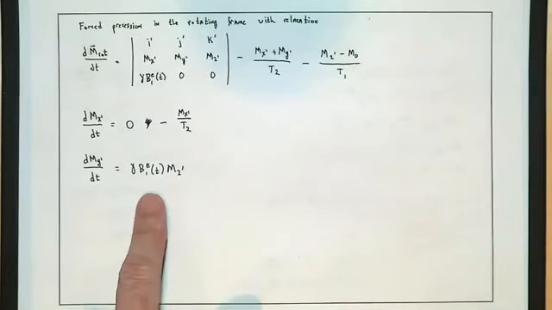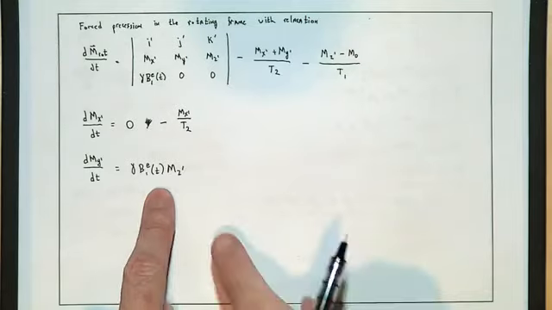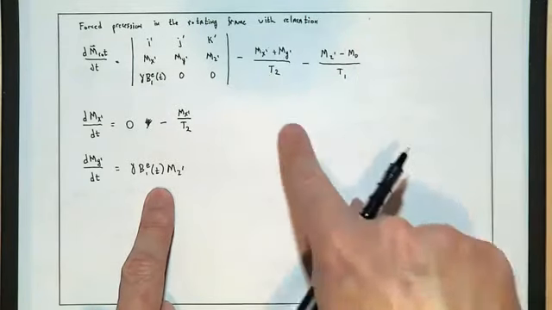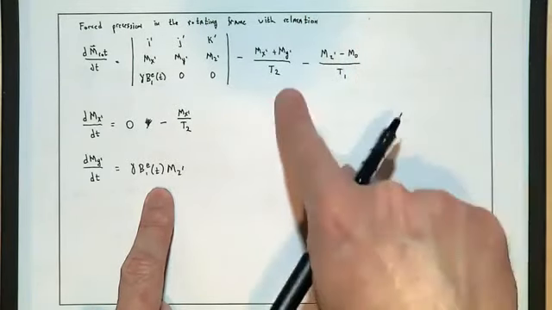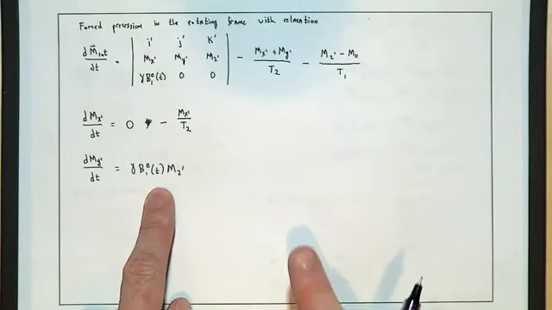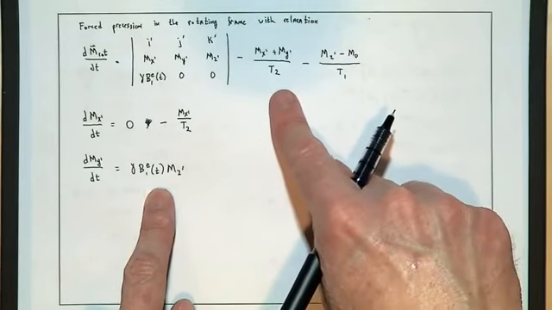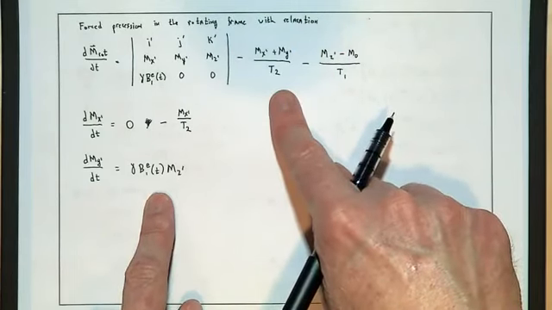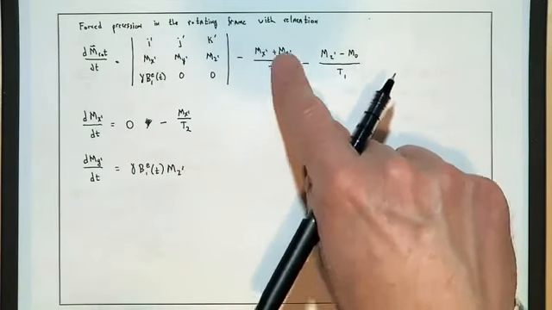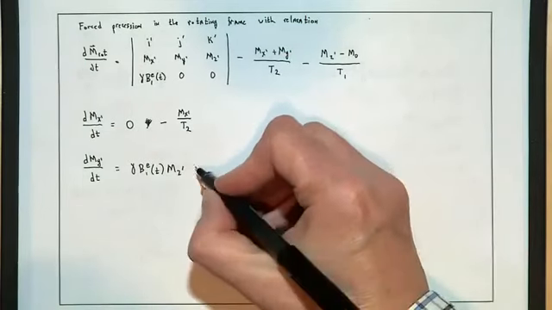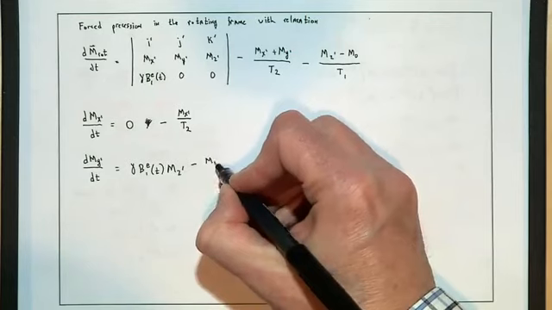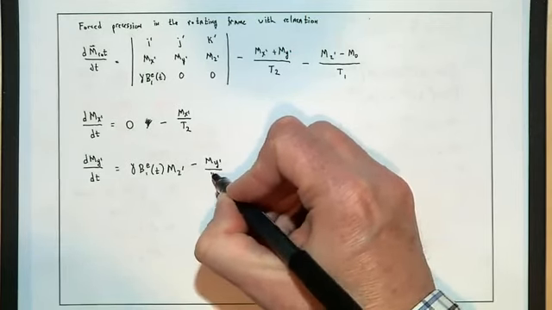So that comes out of the precessional term. And then do I have anything over here that's related to time rates of change of my, or anything that's along my j-axis, if you will? And that's my my component, right?